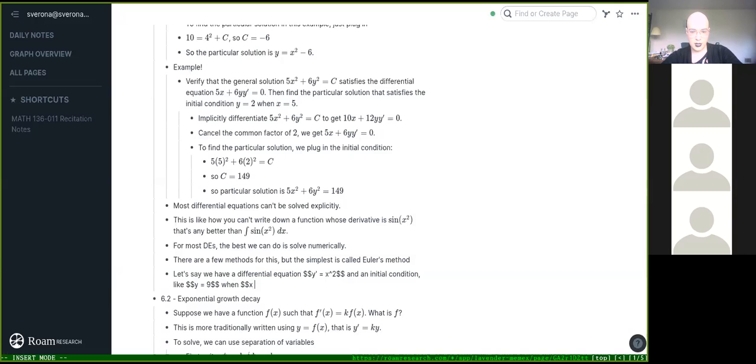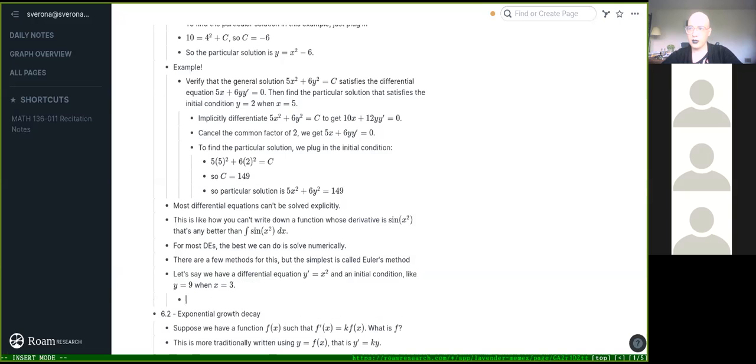So what I've got here is a differential equation and an initial condition.